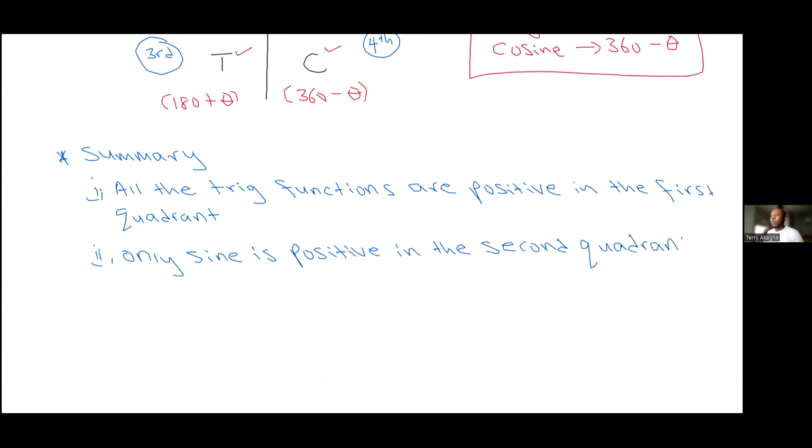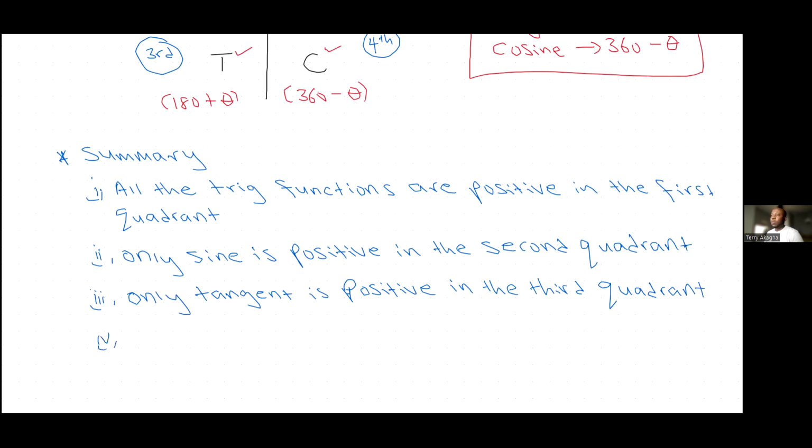Now, in the third quadrant, only the tangent is positive. And in the fourth quadrant, only cosine is positive.